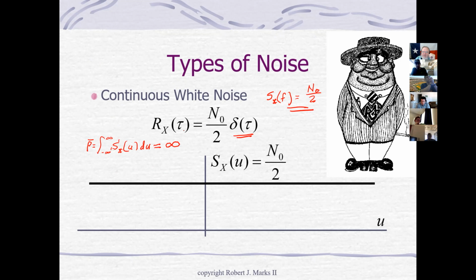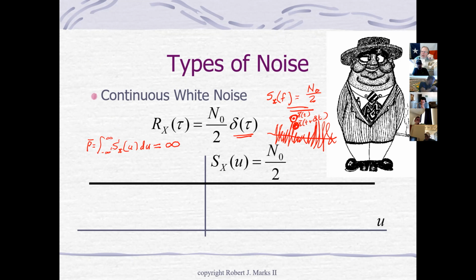Let's look at what this means in terms of the autocorrelation. If we have white noise, and we kind of have an idea what white noise sounds like, right? There can be different types of white noise. But it says if you take any point, say x of t, and you go out just a little bit, this point has to be uncorrelated with this point.